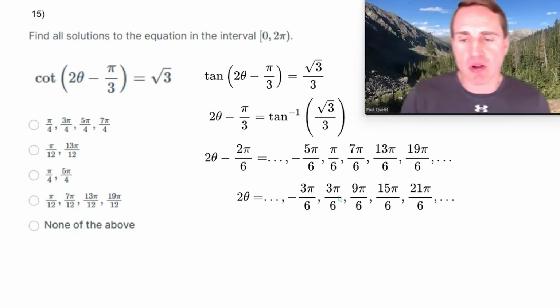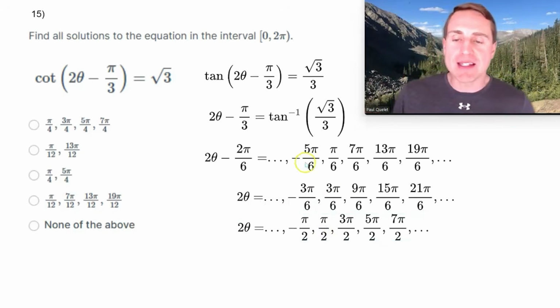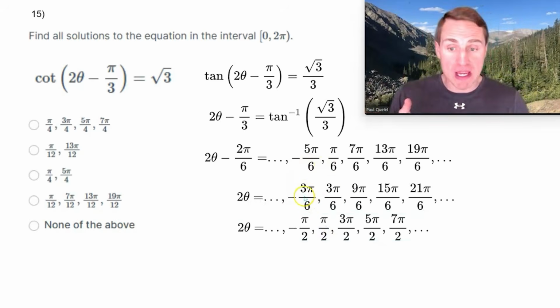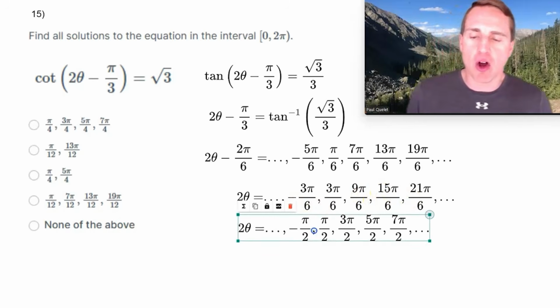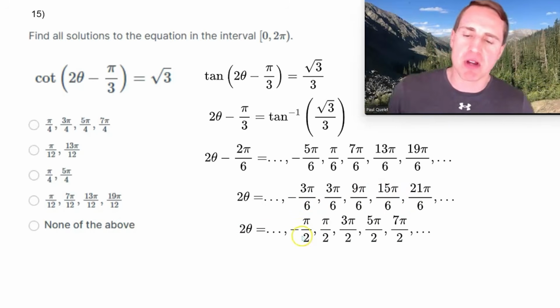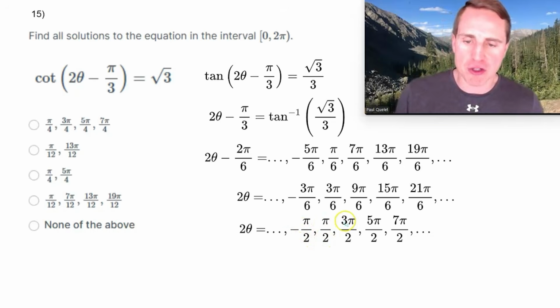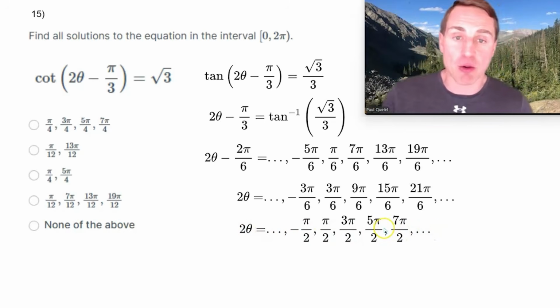So let's do that, greatest common factors. Each of these has a factor of 3 for the greatest common factor. They're all divisible by 3. So dividing all those numerators and denominators by 3, we get negative pi over 2, pi over 2, 3 pi over 2, 5 pi over 2, 7 pi over 2. Finally, what we can do is divide all of these by 2 to get the angle theta finally.